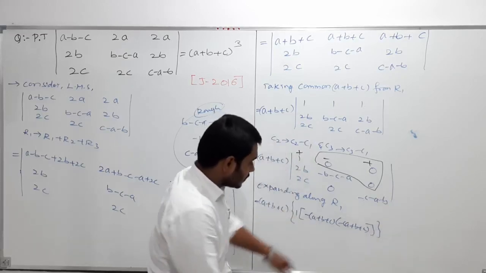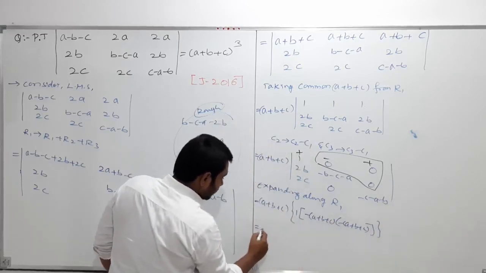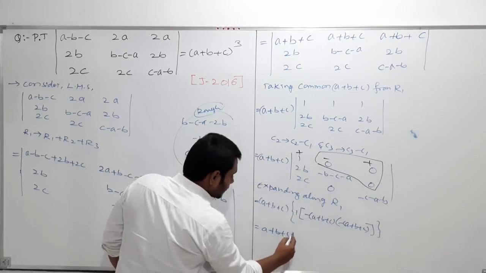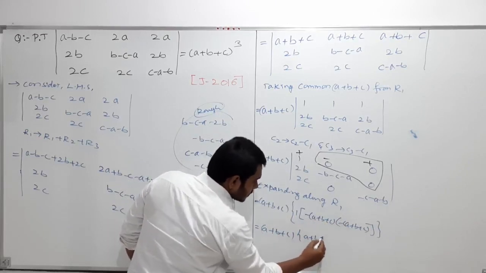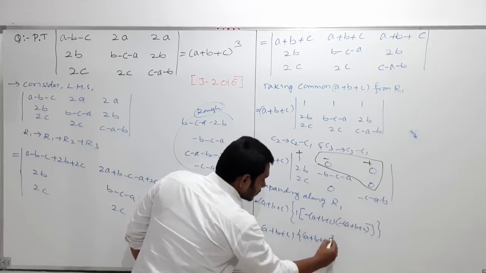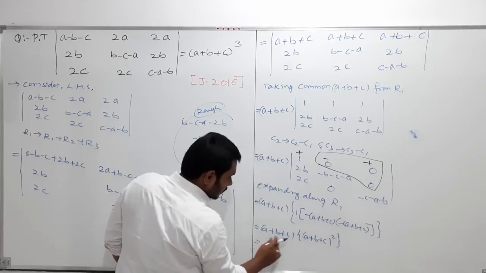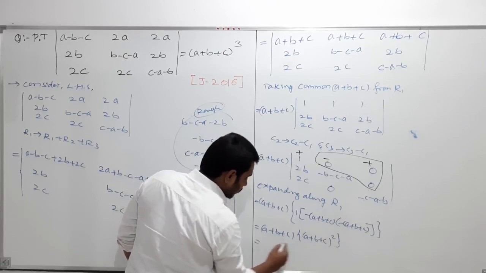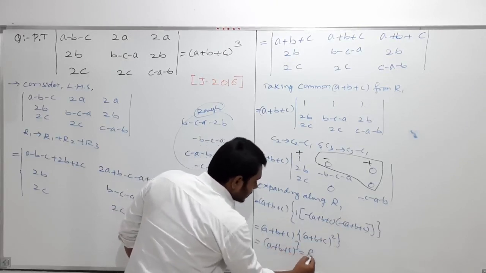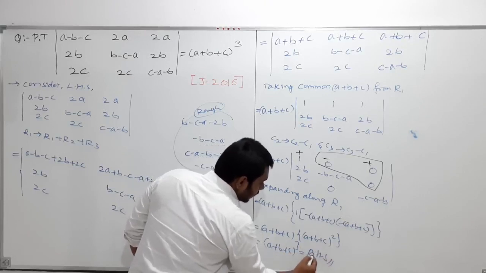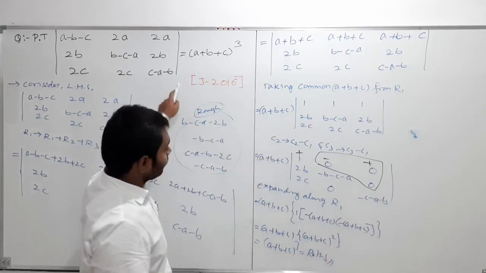So 1 into this, and this minus will get a plus. So a plus b plus c into a plus b plus c, this will become a plus b plus c whole square. So this equals a plus b plus c into a plus b plus c whole square, which means a plus b plus c whole cube. This is what is your required RHS.